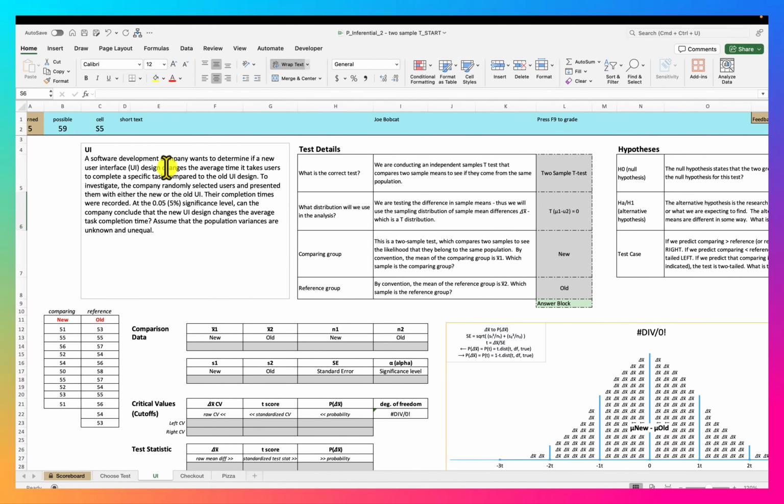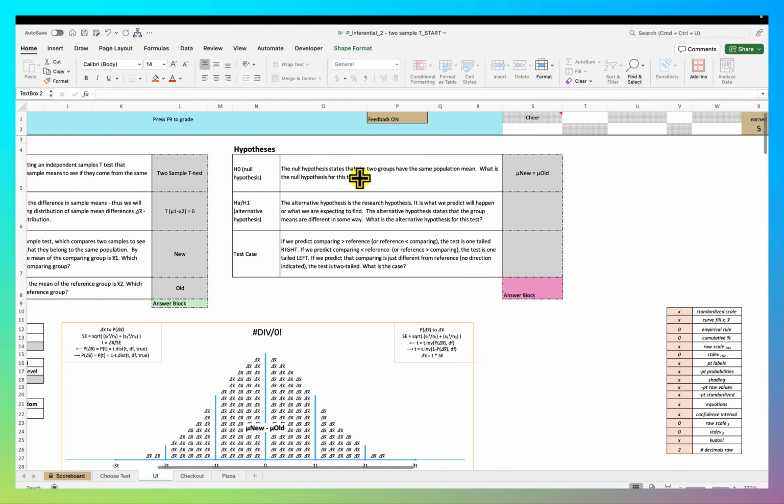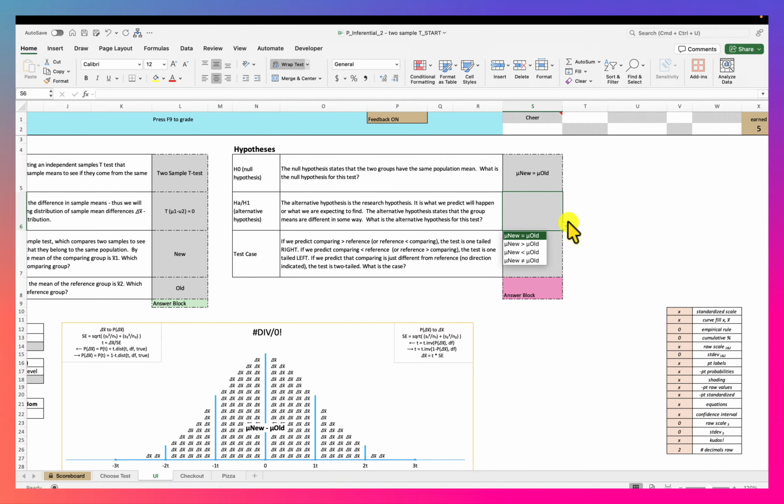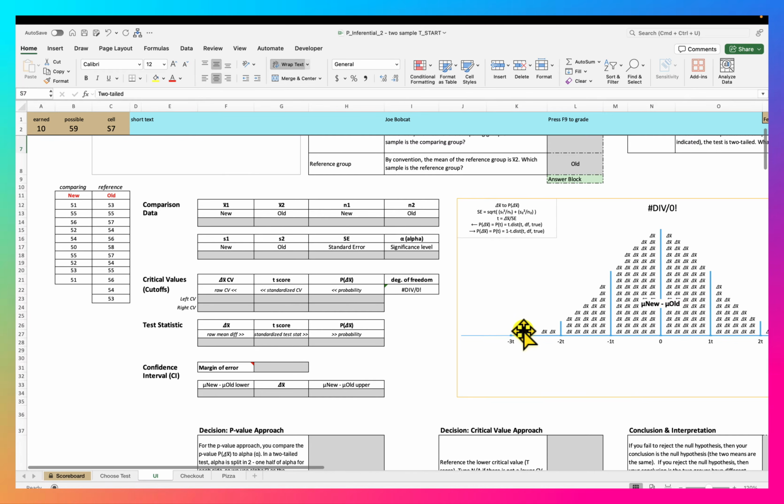All we were looking for is changes the average time. It didn't say what direction that was. So, just different. And that means it's two-tailed.